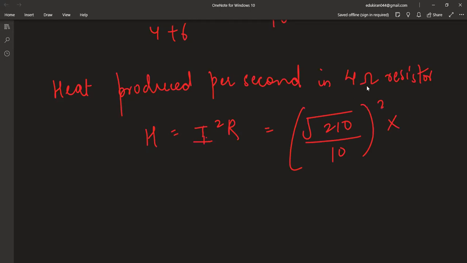Which resistor are we calculating? 4 ohm. So we will multiply it by 4 joules per second. This will be 210 by 100 into 4.